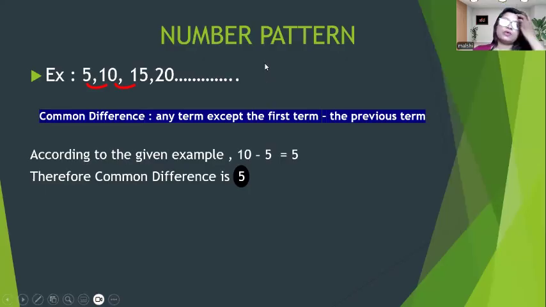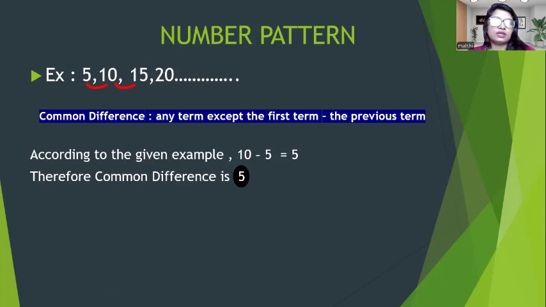I think you learned this lesson earlier and you have a basic understanding of what is meant by number pattern. Mainly, there are three subtopics we have to learn. The first one is common difference.